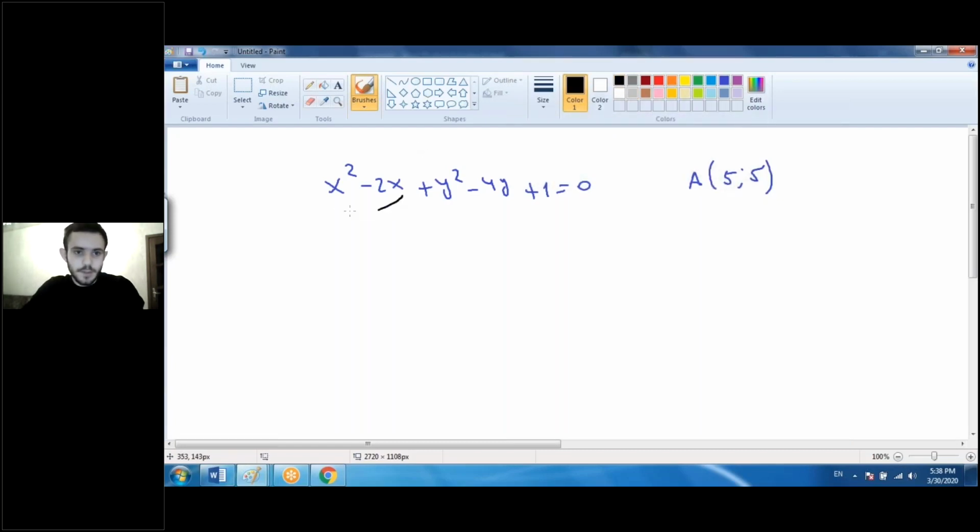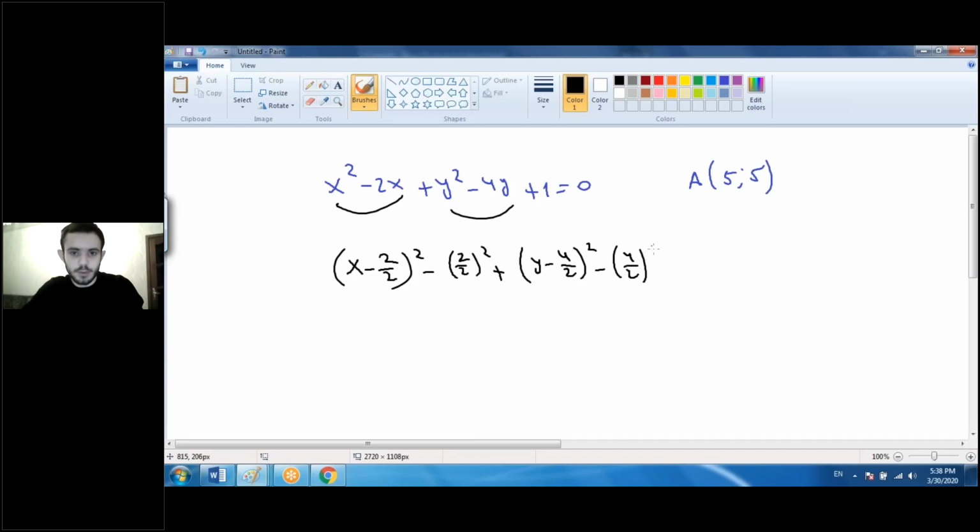So let's convert this circle into proper form. We will use the formulas for completing the square. So we will have x minus 2 over 2 squared minus 2 over 2 squared plus y minus 4 over 2 squared minus 4 over 2 squared plus 1, which we had initially, and it's all equal to 0.